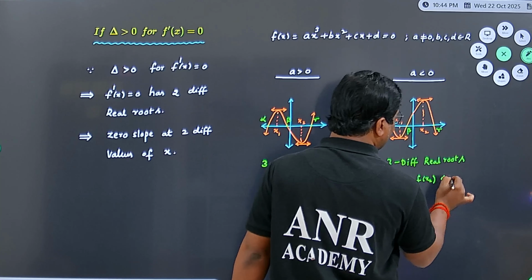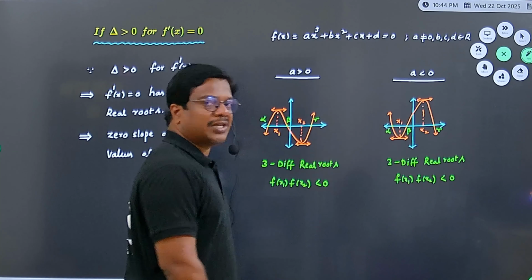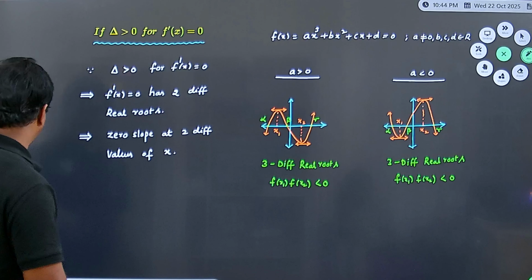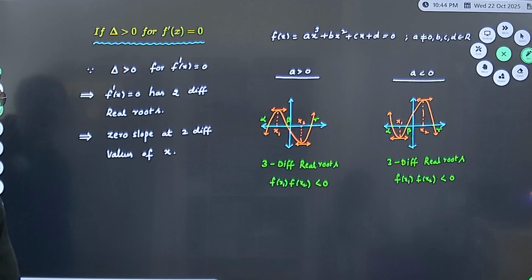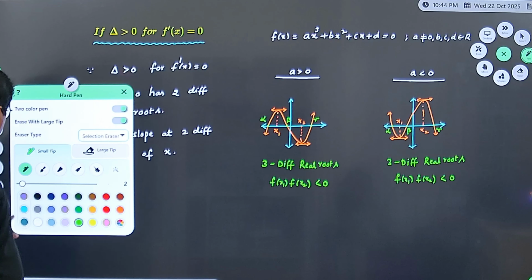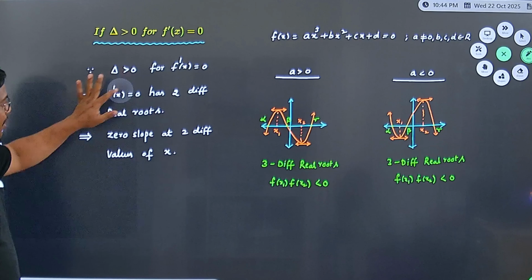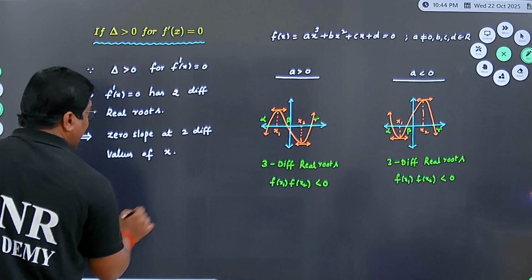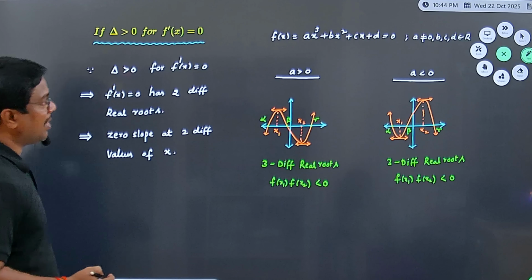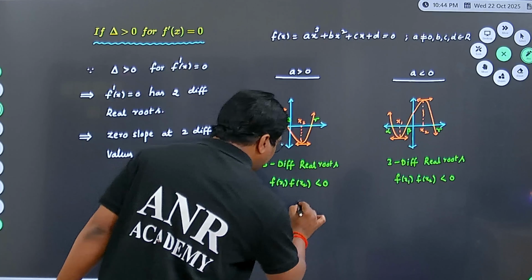So the product of these two in this case is negative. Next diagram, the same 0 slope at two different values of x. I am going to draw another diagram. Again, first condition a more than 0, after that a less than 0. Here I am going to draw.